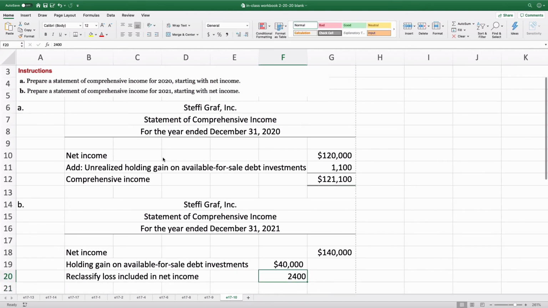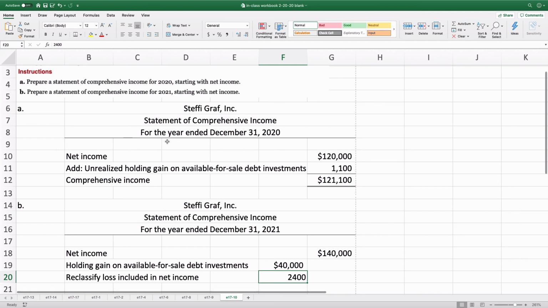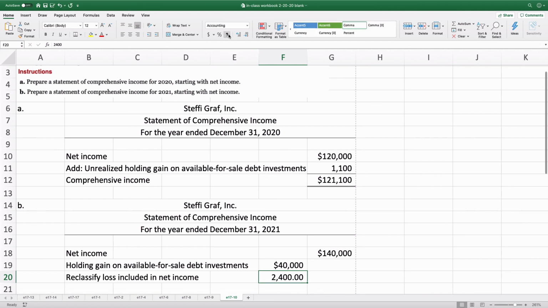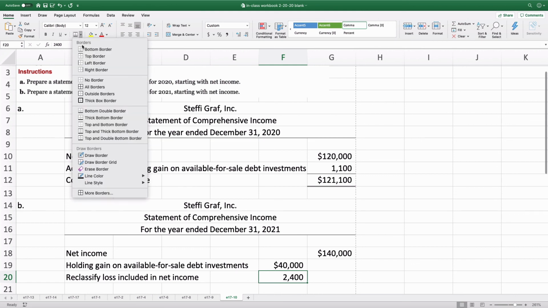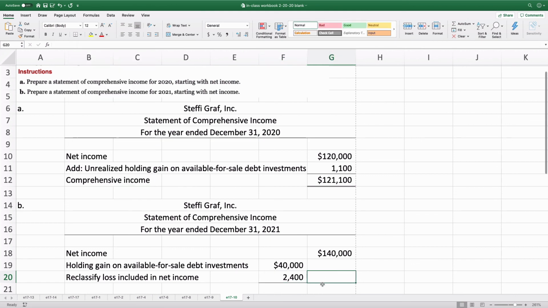And you don't even know that for sure that it was included, but you do need to make this adjustment as if it was included in the prior year's holding loss, which actually was a holding gain net of all of the other securities. And so this is going to be a line here, and we'll extend this over as the $40,000 holding gain plus the $2,400 reclassification of a loss that was included, that was actually realized.